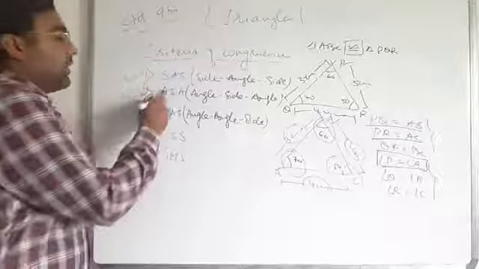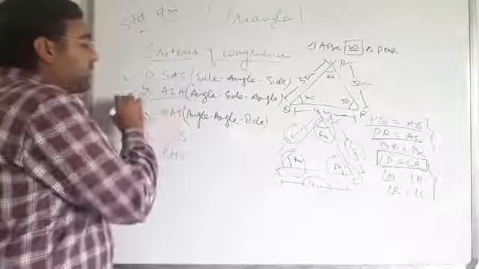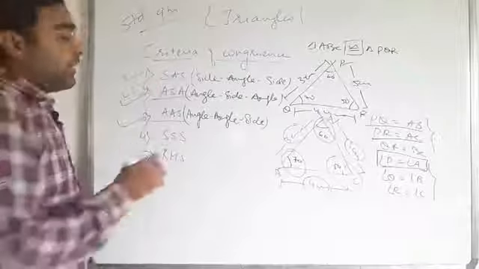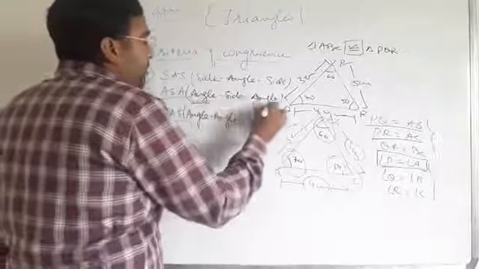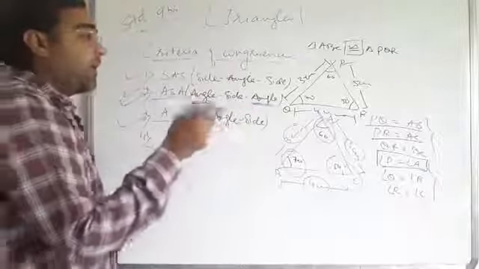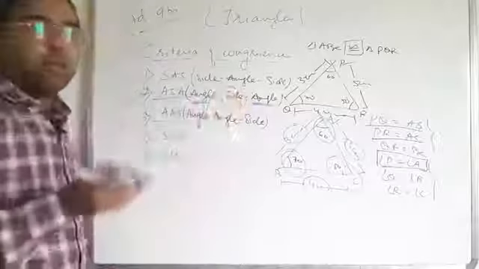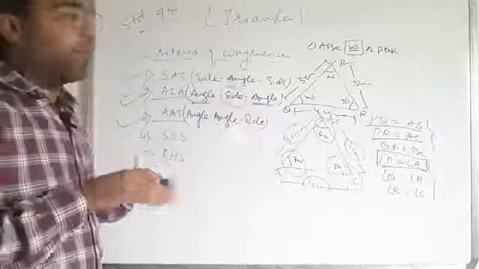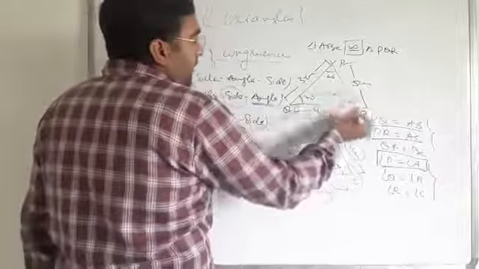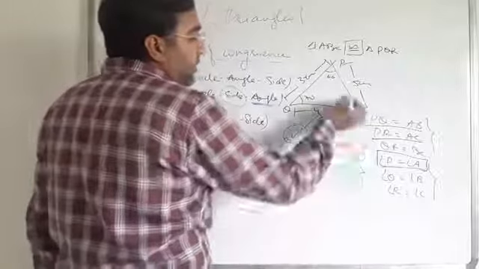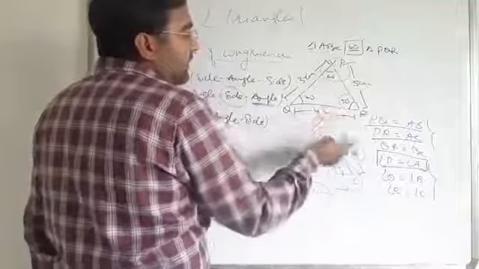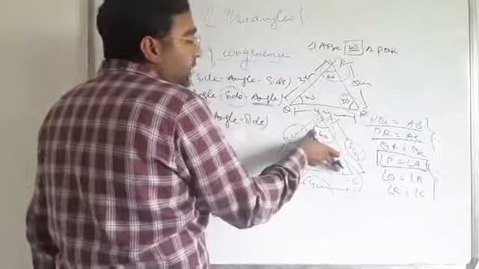Here is the difference between angle side angle and angle angle side. For angle side angle, we have to show that both of the angles are equal and the side is always included between them. I show that angle R and angle C are both 50, and angle P and angle A are both 60.